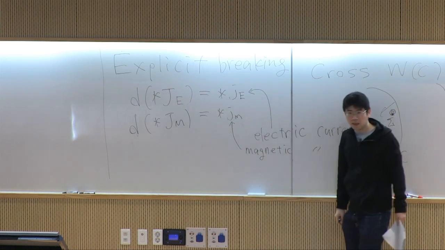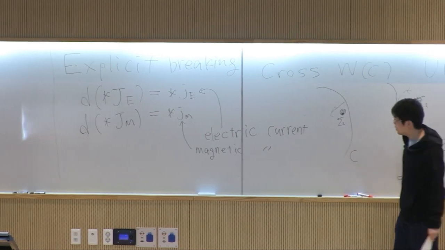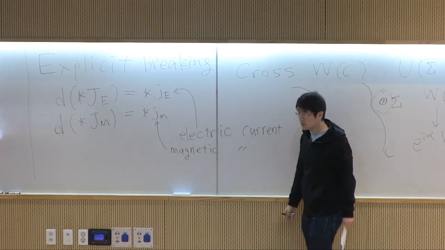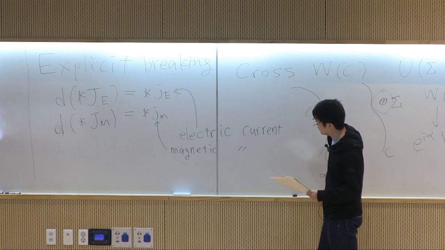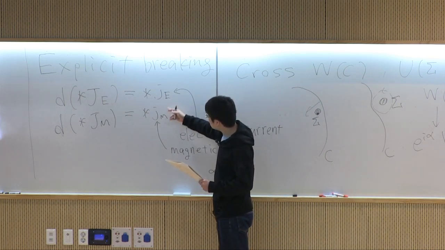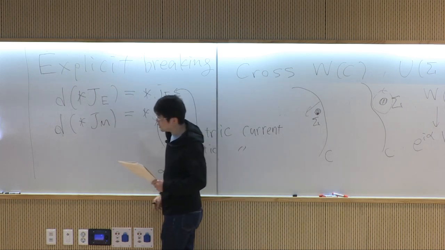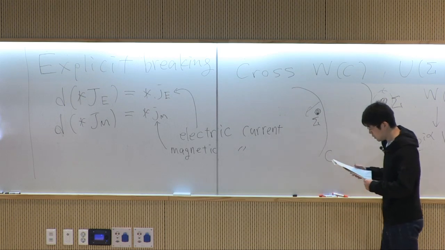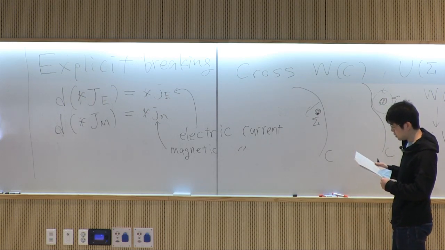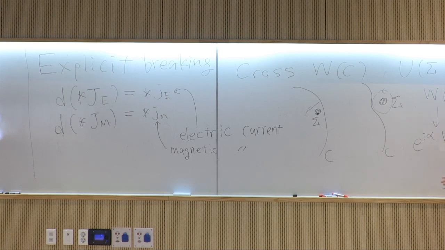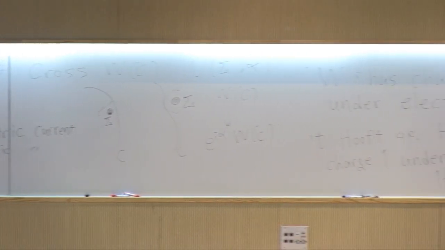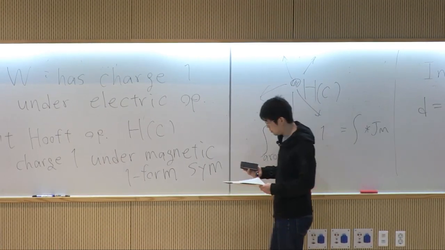This is produced by, for example, magnetic monopoles, which have a magnetic charge. So in the presence of charged particles, these currents are no longer conserved, so these symmetries are broken. But depending on the matter content, some subgroups of electric and magnetic symmetries can still be conserved.